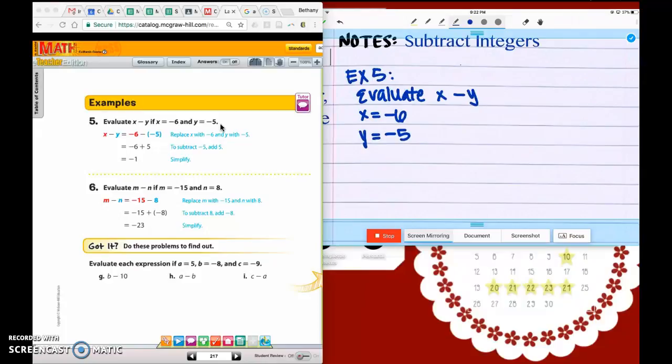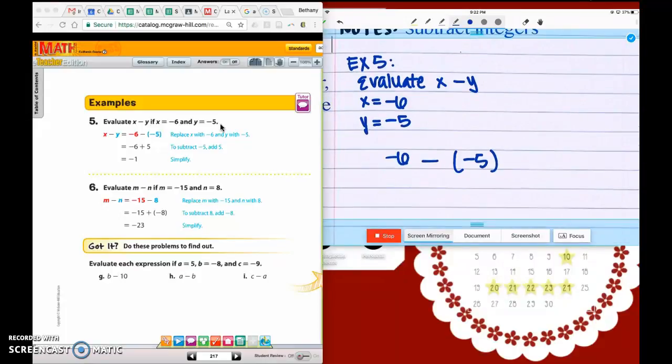We have x, which is negative 6, and it says minus y, which is a negative 5, right? And so now here, that's the only extra part you needed to learn. So we replaced x with negative 6 and y with negative 5, and then it's the same steps again. To subtract negative 5, add positive 5, right? So add the additive inverse, and then we just evaluate that answer, right?